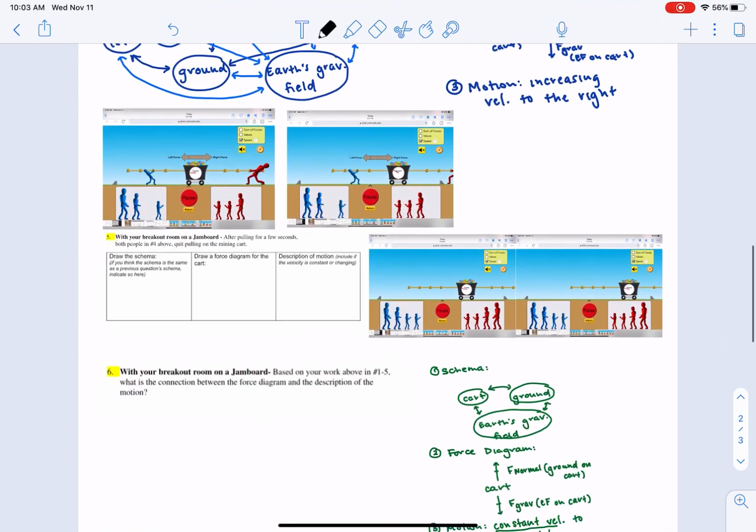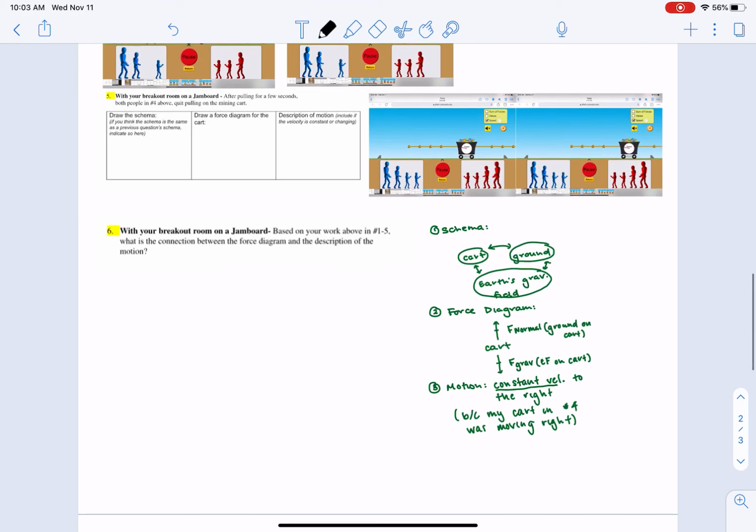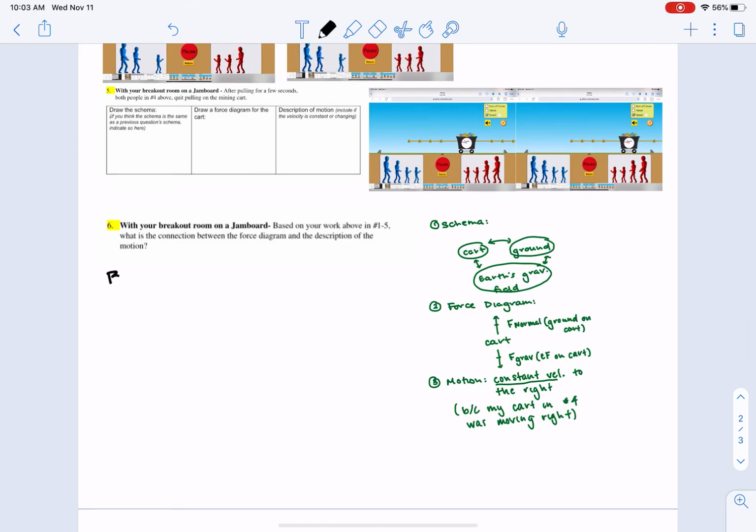So let's make a note and summarize that down here for problem 6. The key being that if we have balanced forces, or net force of 0, then we have a constant velocity.